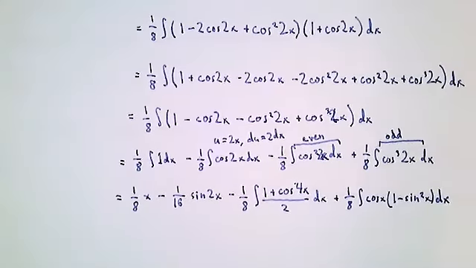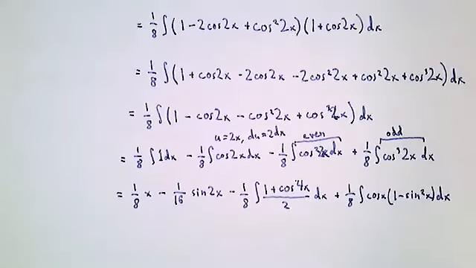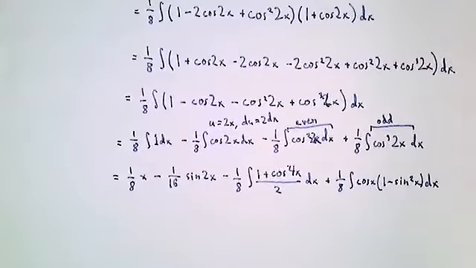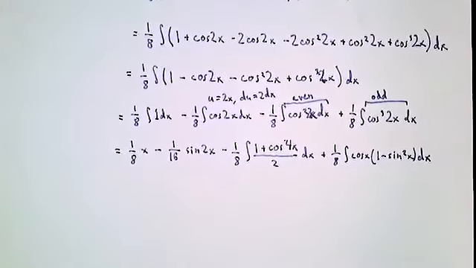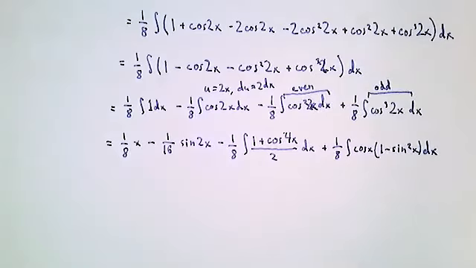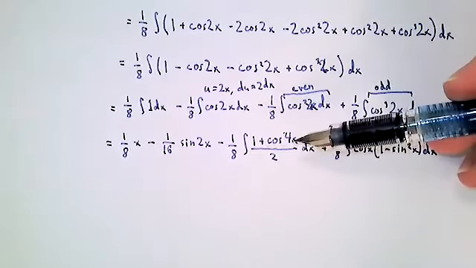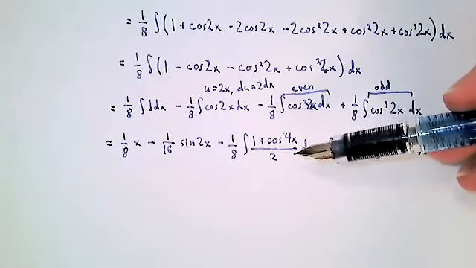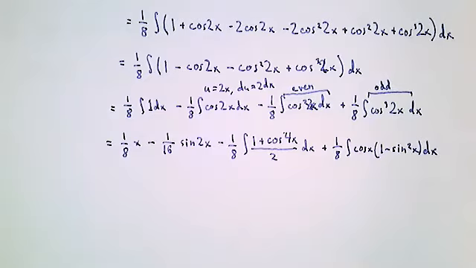Like so. And now we're actually able to finish off the problem fairly quickly. Here we just have a 1 plus cosine. We'll have to do a small u substitution, but that's not a big deal.